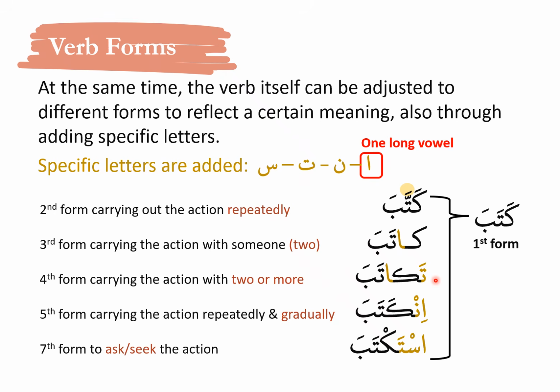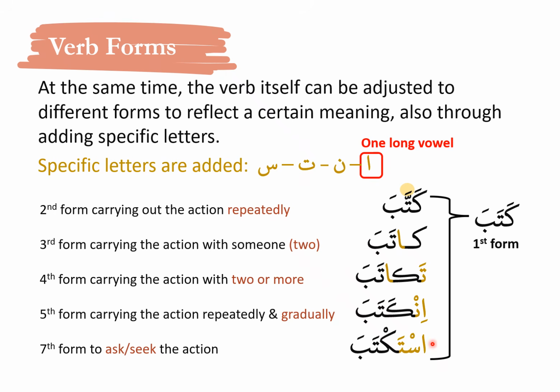So it's like these people, or these two people, wrote together slowly, gradually. The fourth verb in kataba also has the same sort of connected meaning to the takaataba. And the last one is taktaba.